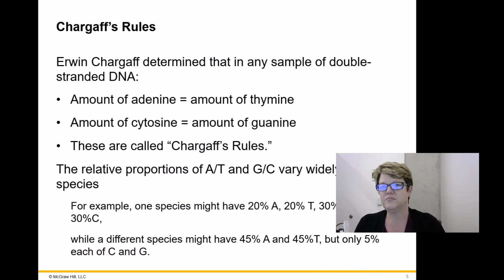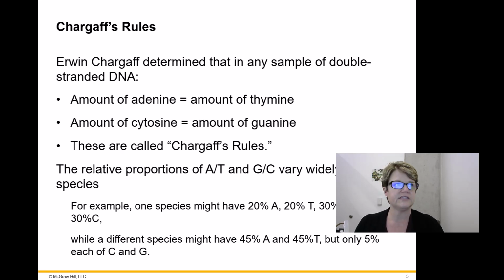So right around 1950, scientists were trying to figure out the structure of DNA because right around 1944, it became clear that DNA is the genetic molecule, an important genetic molecule. And so scientists really started focusing on this and trying to figure out the structure of DNA. And not that much was known about it.